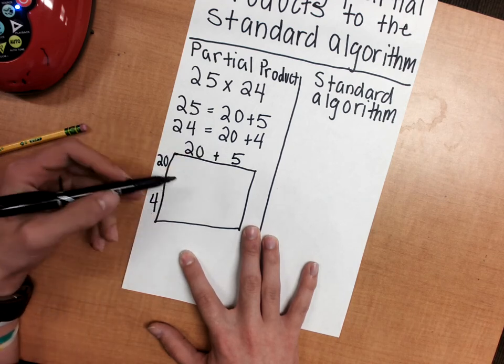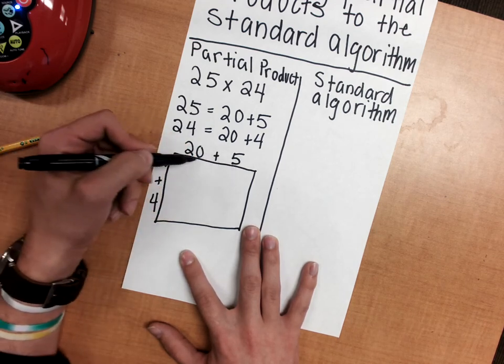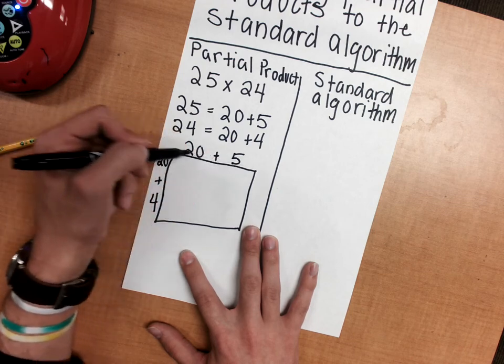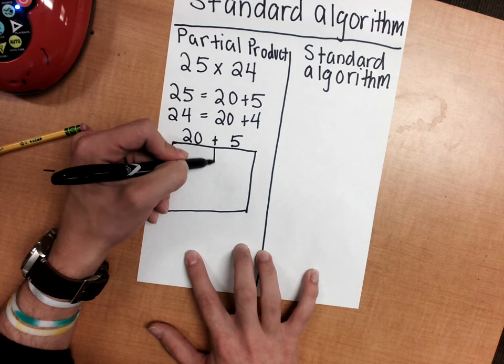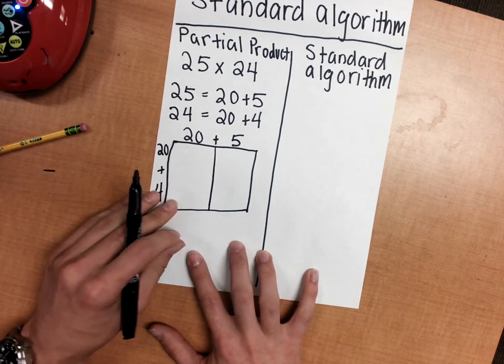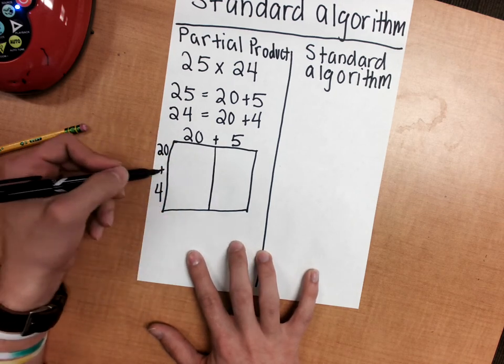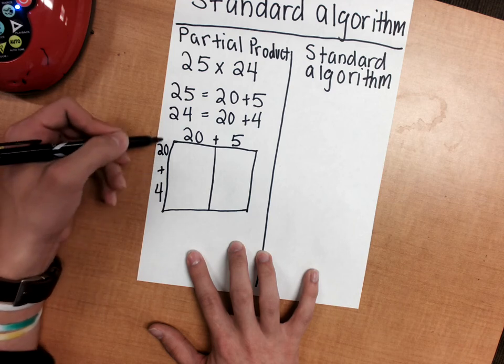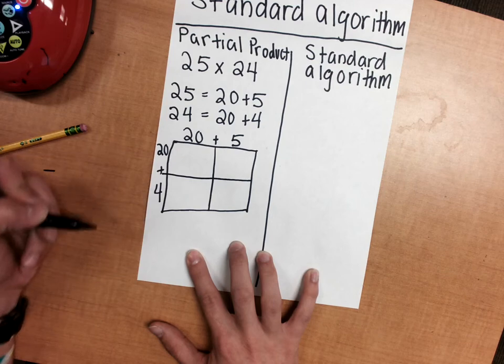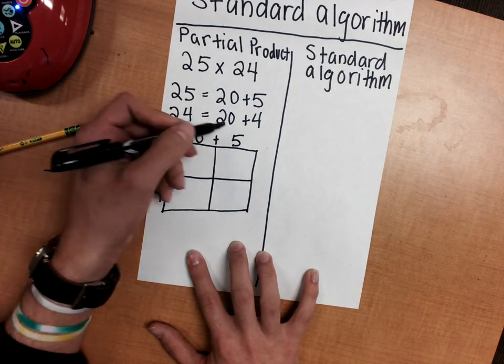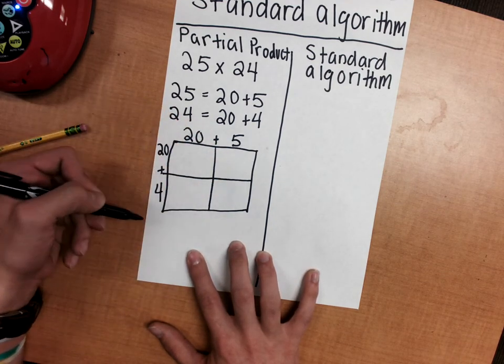Remember, when we're making our box, whenever we see an addition sign on our top number over here, we're going to put a vertical line, and whenever we see an addition sign over on our left column, we're going to put a horizontal line right where we see it.